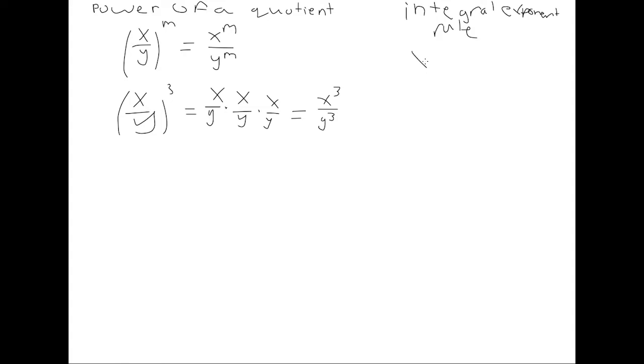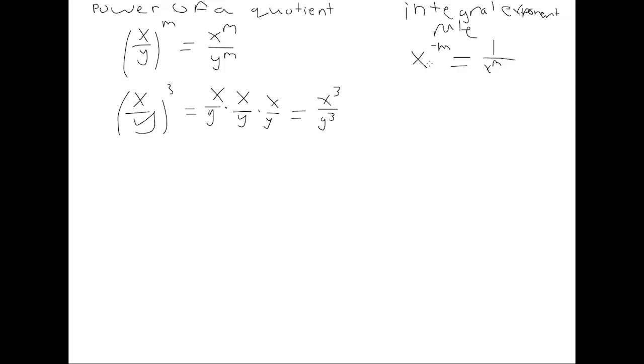So x to the minus m, for example, would equal 1 divided by x to the power of m. Okay? So that's basically saying that if you have a negative exponent, it's going to be the same thing, except you're going to take the reciprocal of that. So it's going to be 1 divided by that.